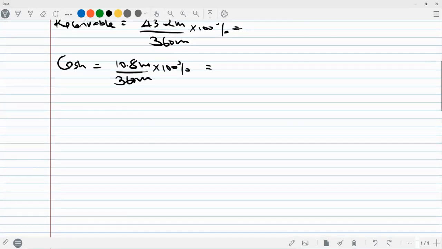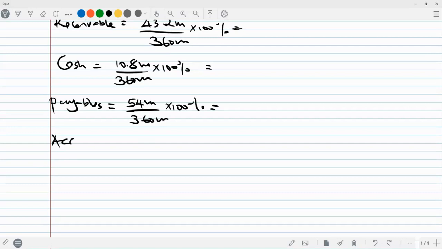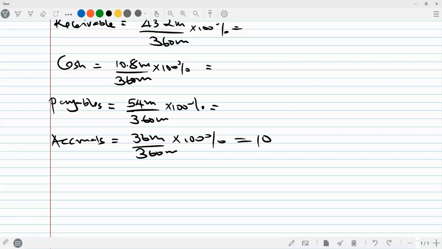Then you have payables, part of current liabilities. We take the payables, which is 54 million, divided by 360 million, the sales volume for that particular time period. Then you have accruals, which is equal to 6 million, divided by 360 million, and we express this as a percent. This gives us 10%. This gives us 15%.